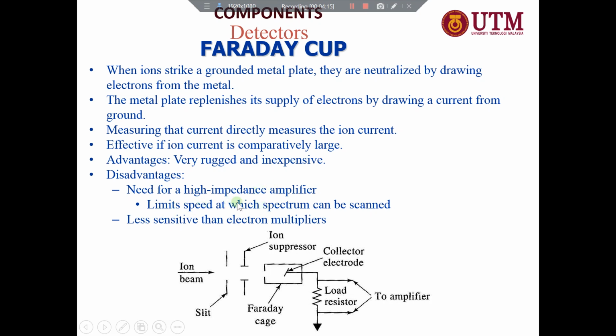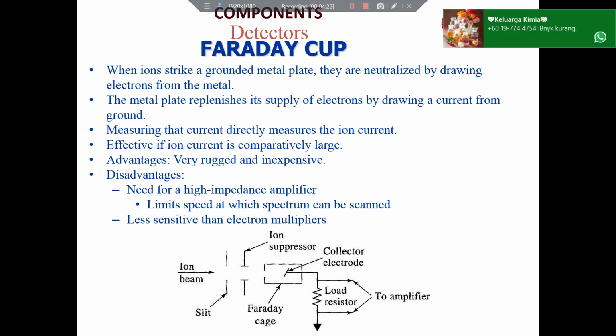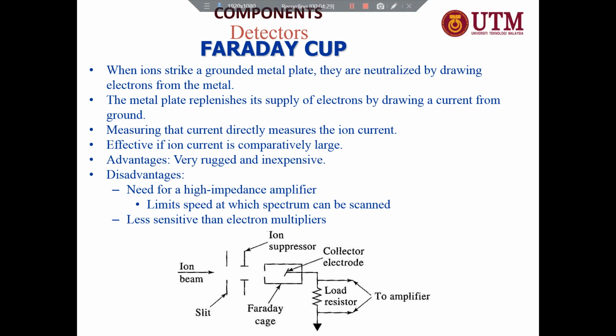Okay, limit speed at which spectrum can be scanned, meaning only a small amount of current can be allowed to pass through at one time. Because the system only allows a limited amount of current to pass through, that is why the speed at which the spectrum can be scanned is limited.